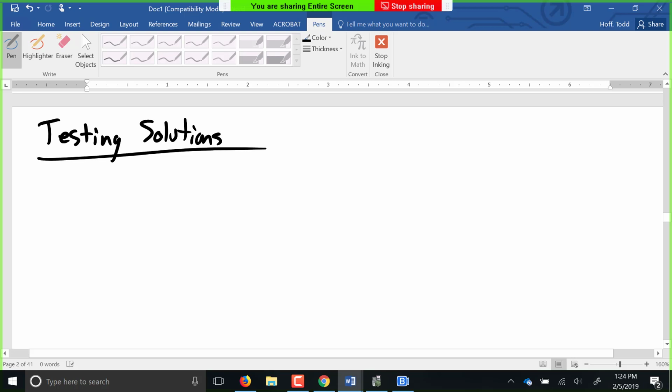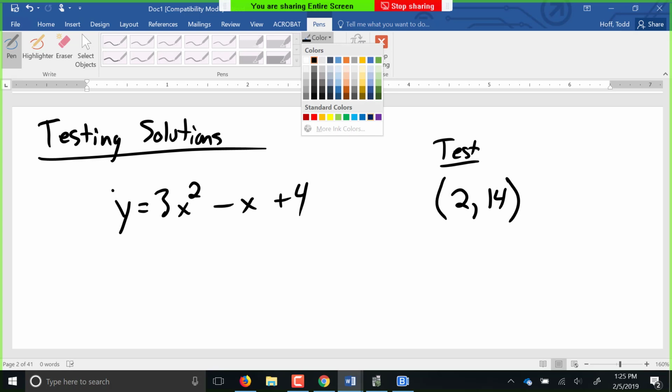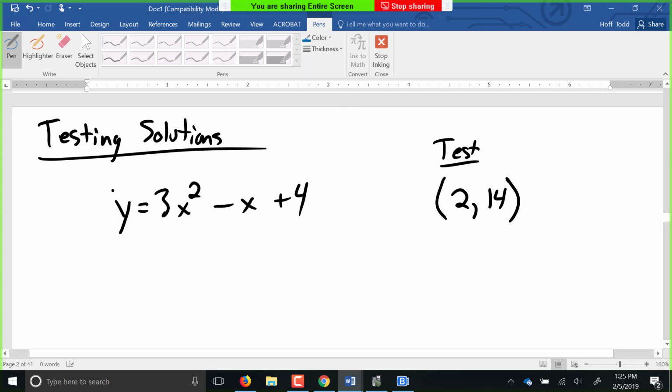So if I give you an equation, y equals 3x squared minus x plus 4, and I ask you to test the point (2, 14). Is that a solution to this equation?